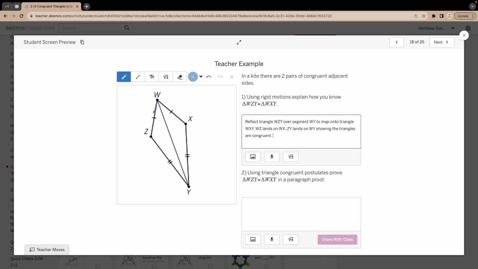We would just flip over this line, would land here, boom, perfect. This line would land here, we flip over onto XY, so we have those two triangles are congruent.